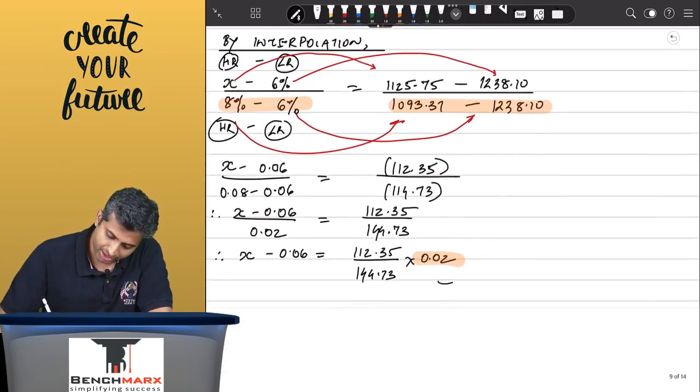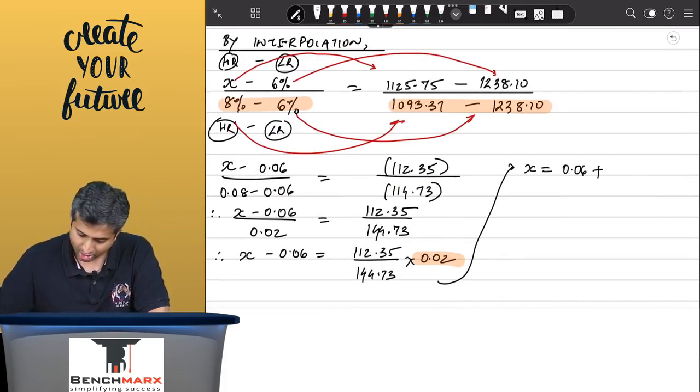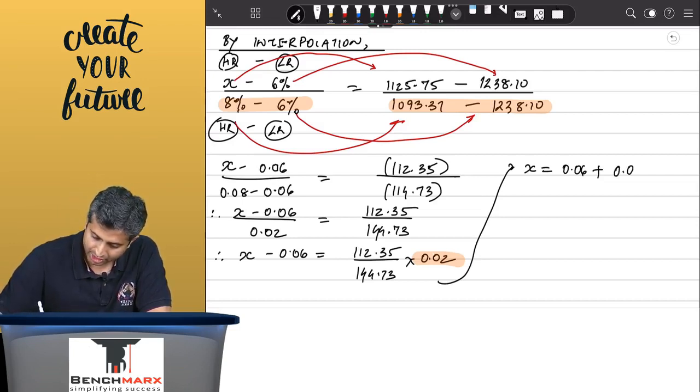So I'll just continue this over here. This is x equals 0.06 plus 112.35 upon 144.73 into 0.02. This is, let us say, 0.0155.